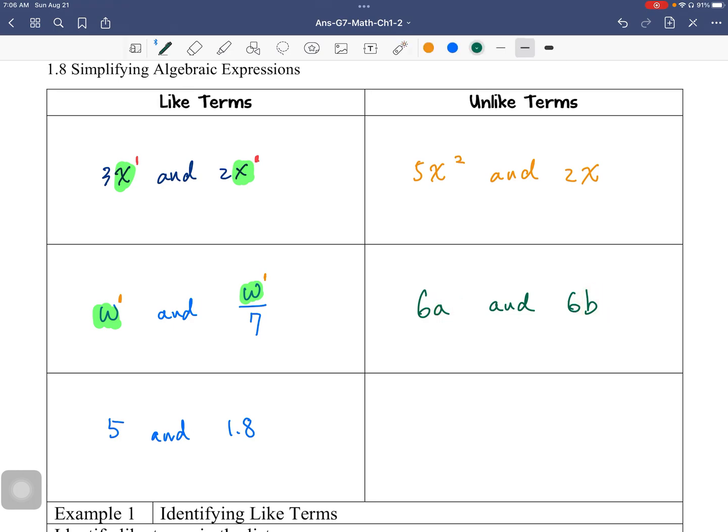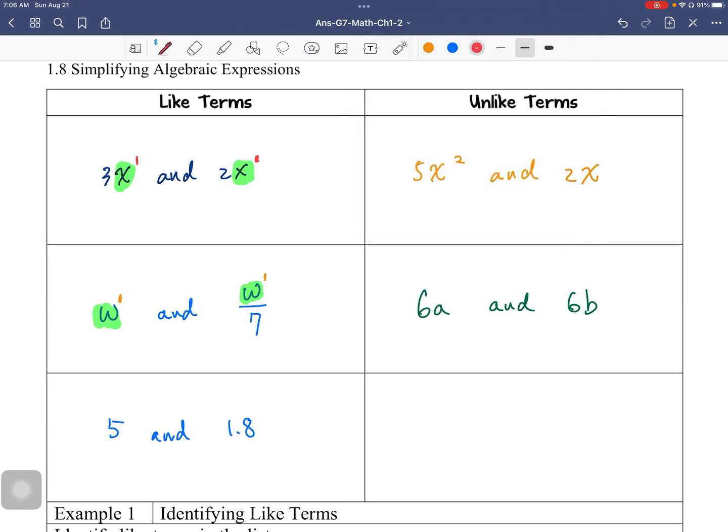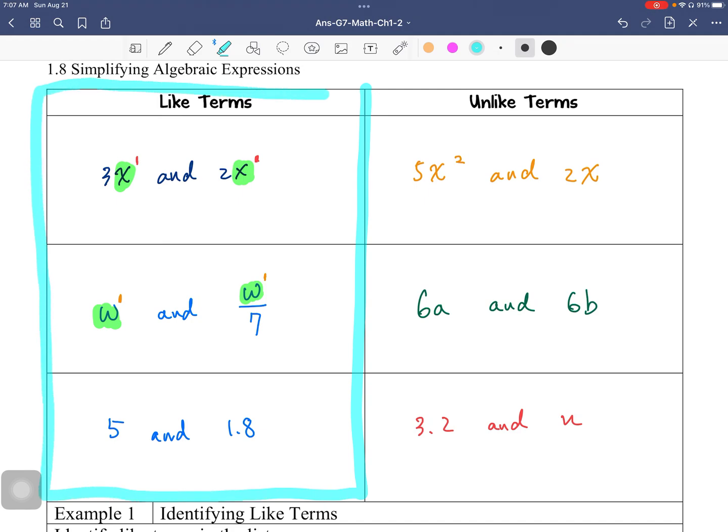And 3.2 and n: one is a number, the other is a variable. So this part is like terms and the right side is unlike terms.